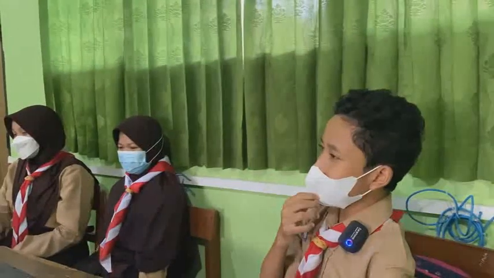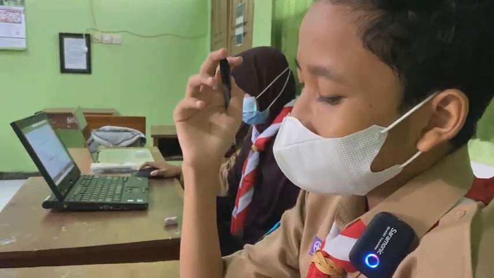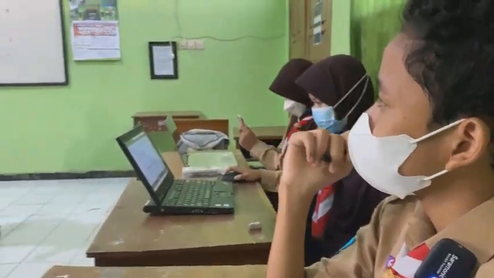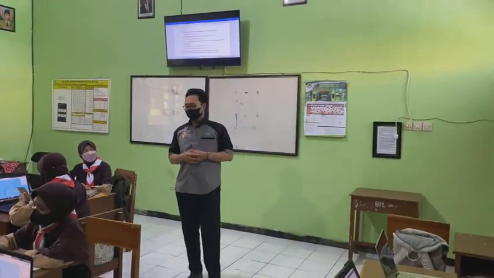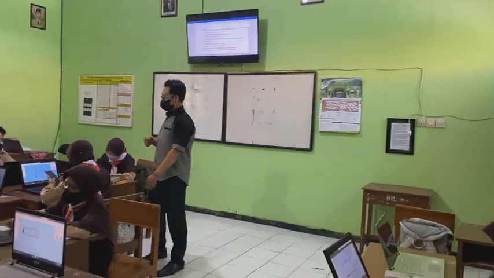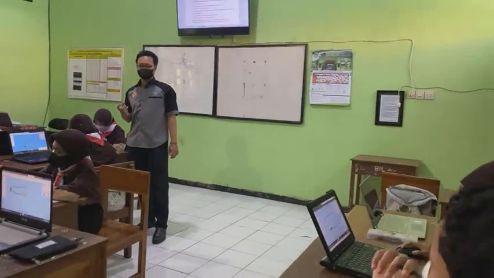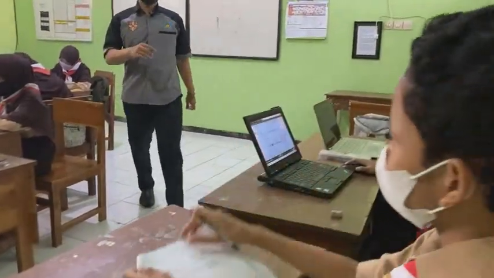Sir, I have a question. Sir, I don't understand about number 2 and 3. Can you explain it? Okay, thank you for the question. Please, all of you who maybe don't understand number 2 or number 3, you can listen.